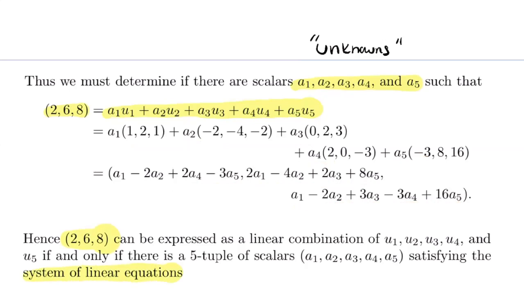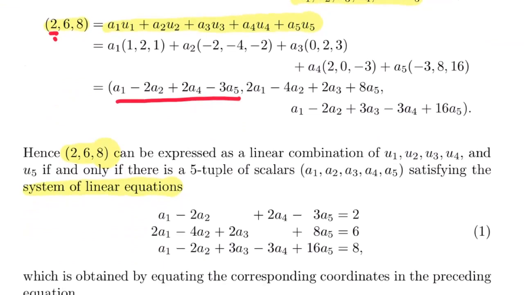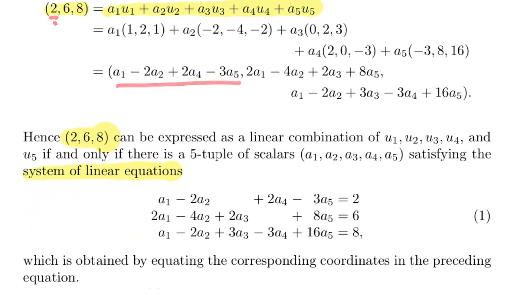It's just from equating the coordinates of the vector. For example, the first coordinate here is a 2, while the first coordinate here is written as a1 minus 2a2 plus 2a4 minus 3a5. Well, that underlined expression has to equal 2. That's one of our equations, namely, this first one.